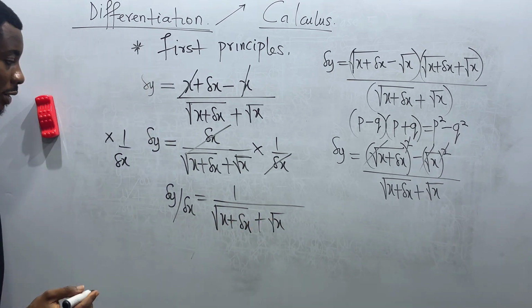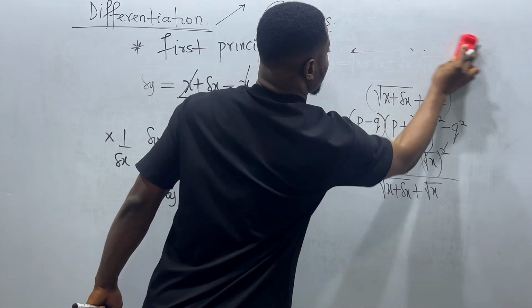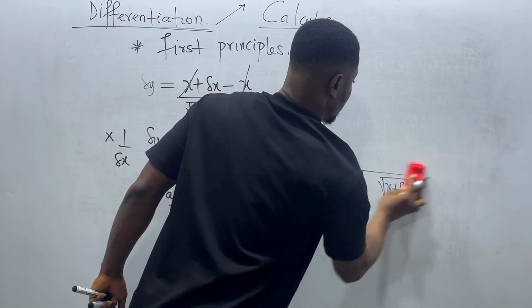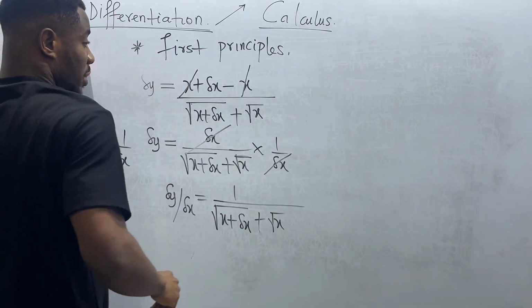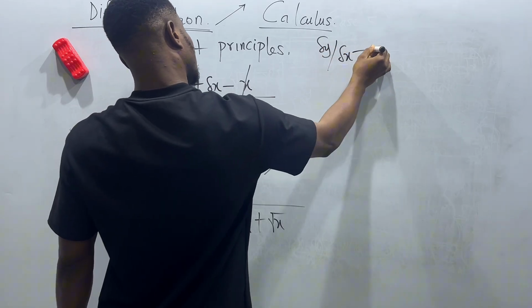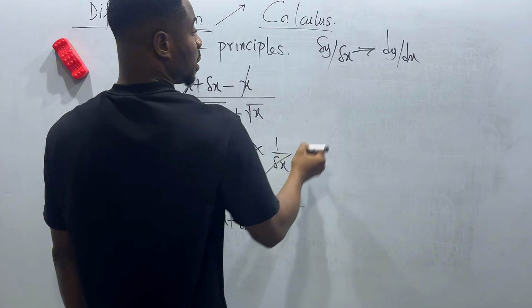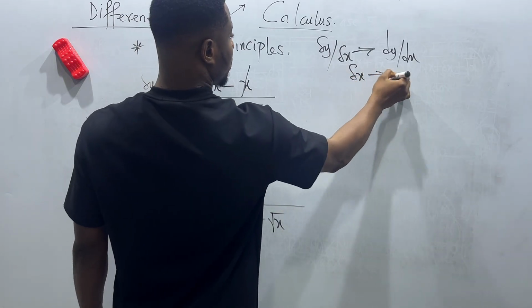At this point, we can take limits. We can take the limit here, as change in y over change in x tends to dy over dx, then change in x tends to 0.